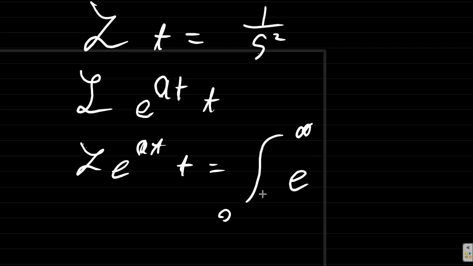The Laplace transform of a function is the integral from 0 to infinity of e to the negative st times the function. So the function is e to the at times t, and then dt, because t is our variable.